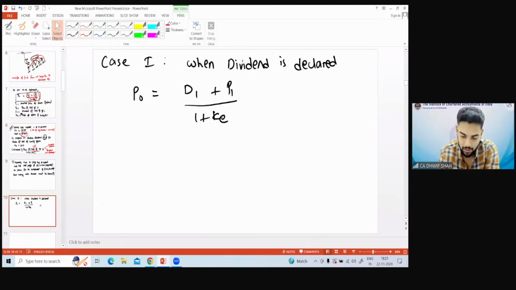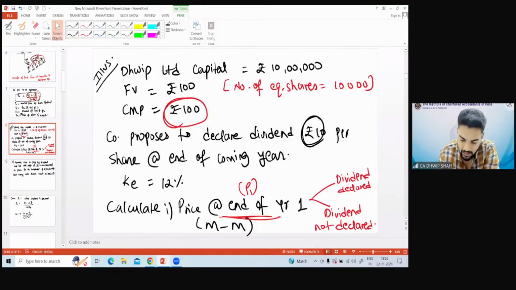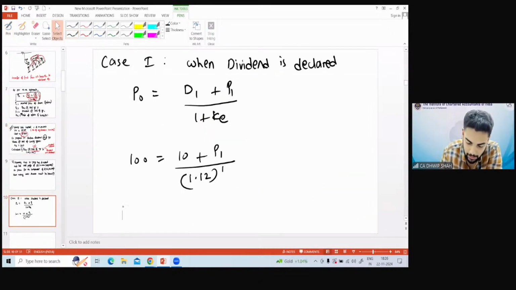So 100 is equal to, when dividend is declared, can I say my dividend amount would be 10 per share? I don't know P1. 1.12 raised to 1. My KE is 12%. It is given in the question. So can you tell me what would be the price at the end of year 1 when dividends are declared? 102.